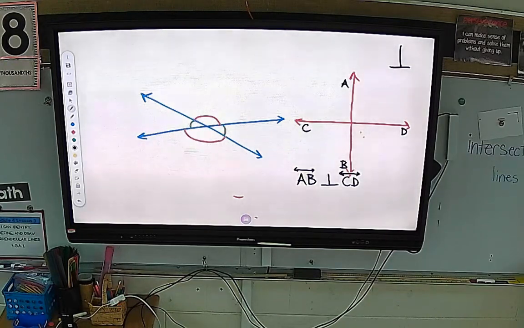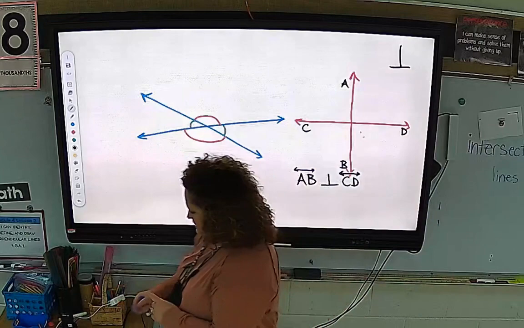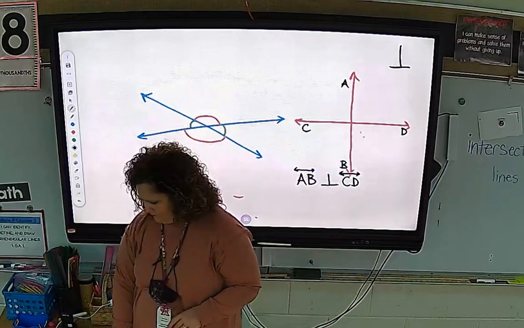I could open that up and make it longer. Any questions? All right, we're going to keep moving because this is just the first half here.